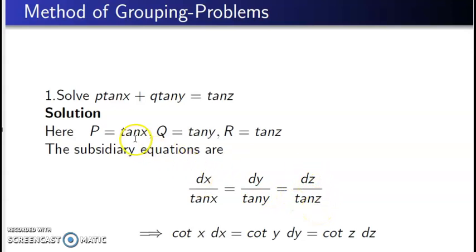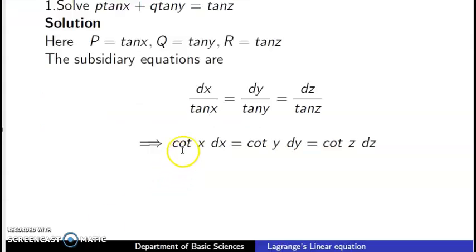That is dx by tan x is equal to dy divided by tan y is equal to dz by tan z. So 1 by tan x is the same as cot x. So cot x dx is equal to cot y dy is equal to cot z dz. Next we have to find the solution of these subsidiary equations.